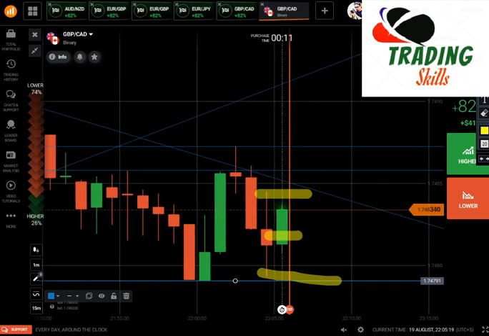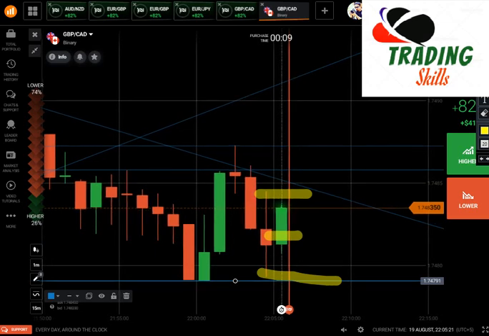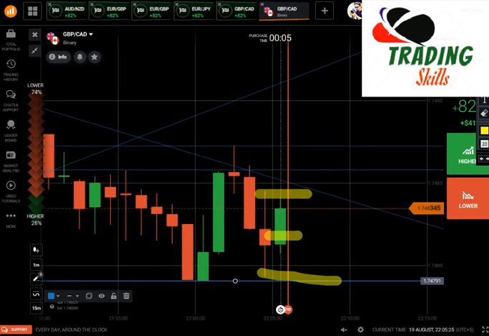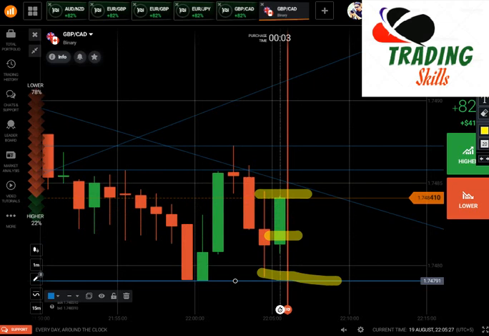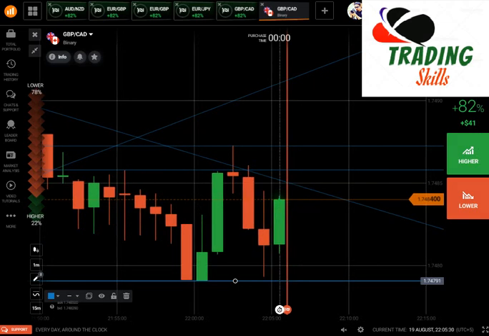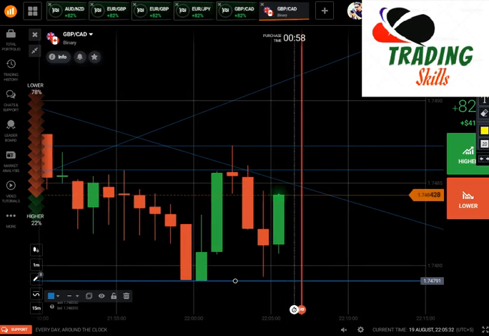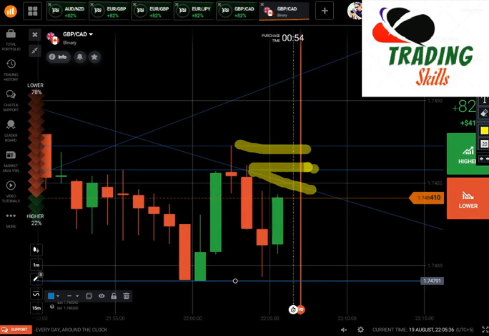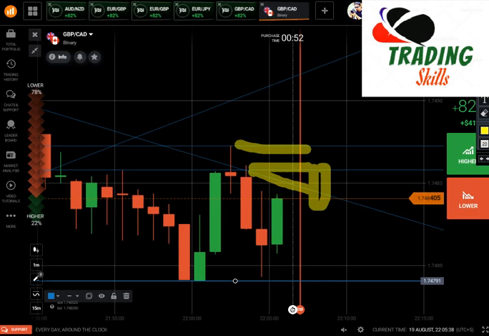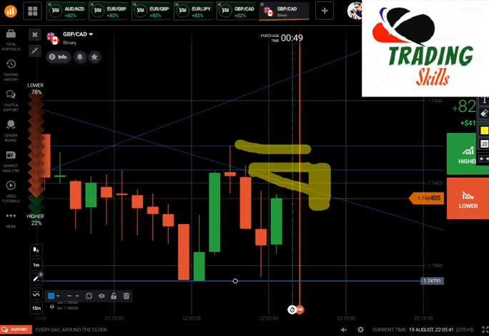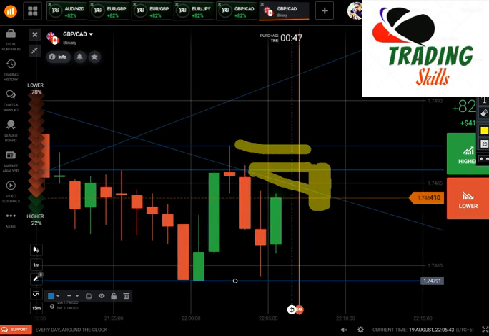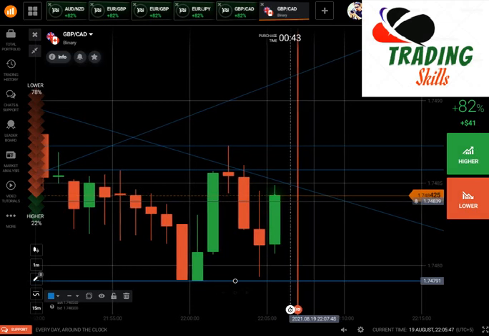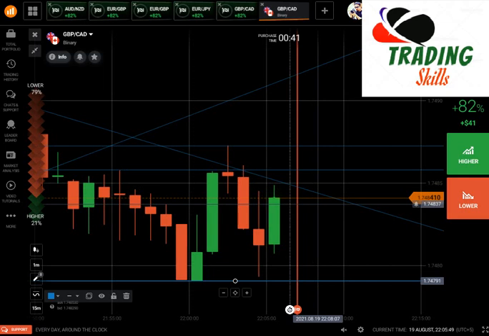Also we can consider it as a sign of continuation, but it's better to wait for a moment, because if we are getting here a bullish candlestick, then we need to wait for these levels. Okay, if here in this zone a strong candlestick breaks the level, we can go here with the buyers easily. So I need to wait. Okay, I need to wait here.